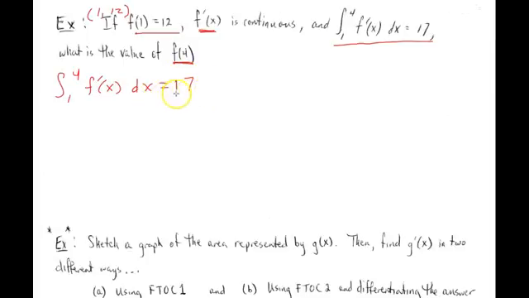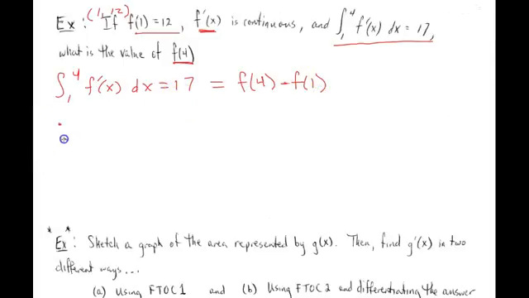Okay. Now, if we remember here that the antiderivative of f prime of x is just f of x. And so by the second part of the fundamental theorem of calculus and the net change theorem, we could rewrite this as just f of 4 minus f of 1.